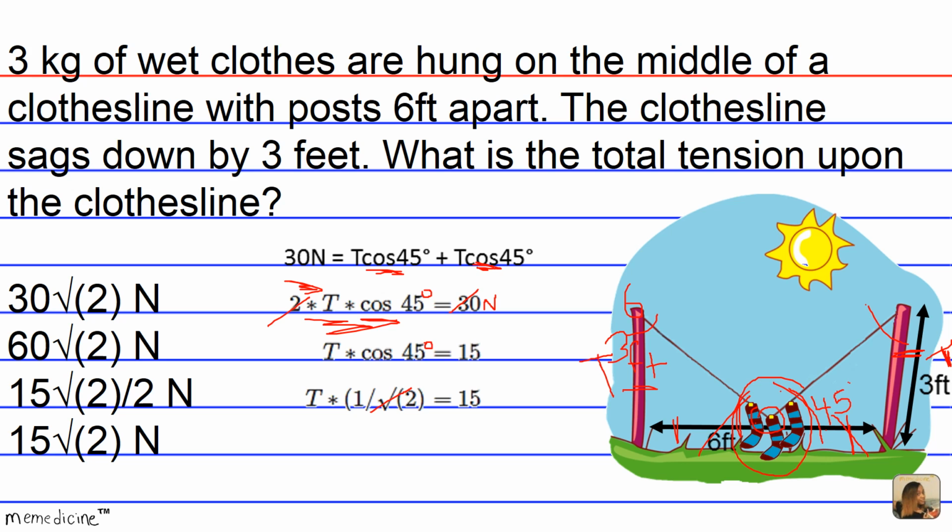And if we divide the left-hand side and the right-hand side by 1 over radical 2, we're going to get 15 radical 2 as our final answer for the amount of tension. Don't forget our newtons, okay? So our final answer would be D.